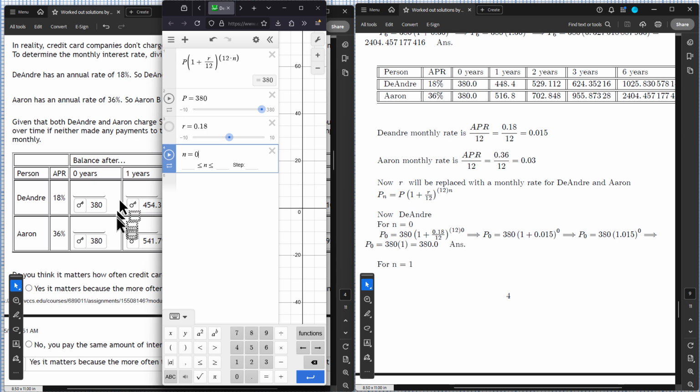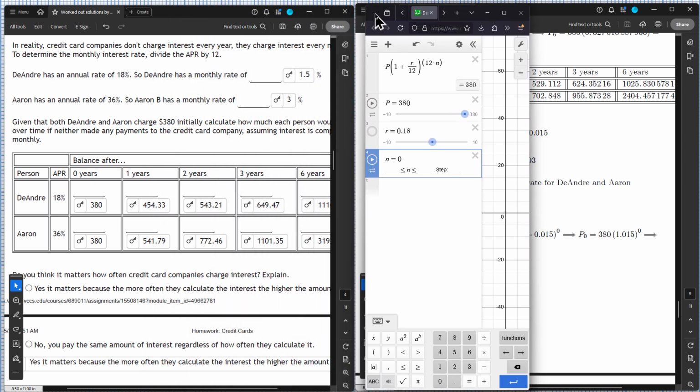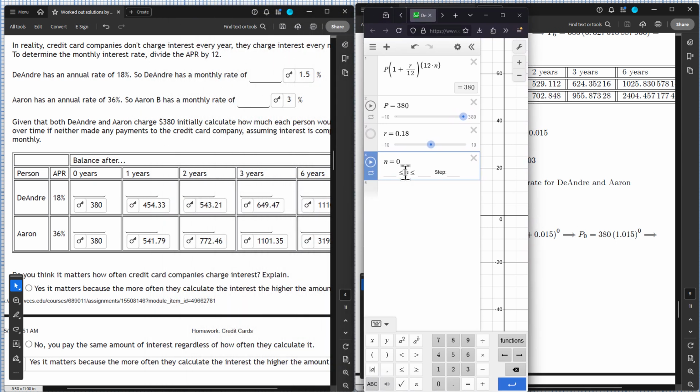And I end up with 380 here for DeAndre. And so when n is 1, that's 454. When n is 2, it's 543. When n is 3, I have 649 here. And when n is 6, that's what I have there.